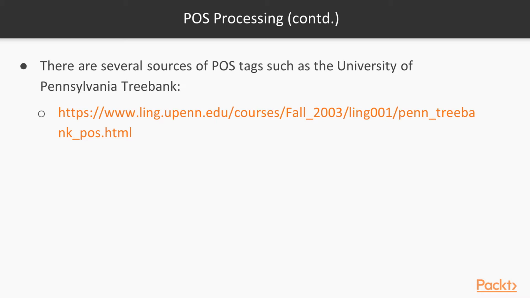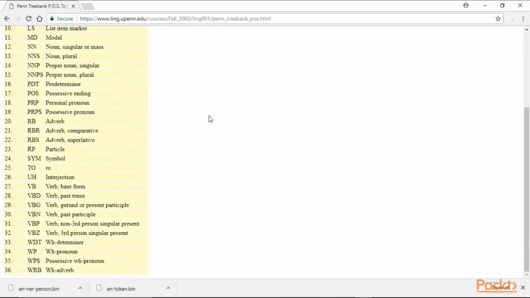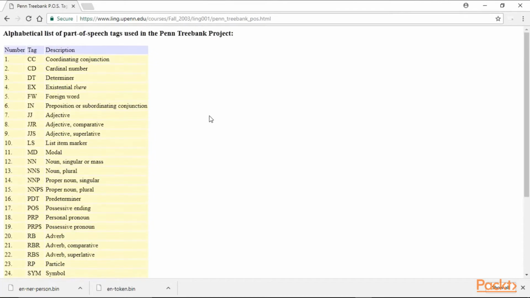We'll go back and see exactly what the DT, NN, VBZ, VBG, and JJ tags are. Once you have the link up, notice that here is the alphabetical listing of the parts of speech tags. Notice it consists of 3 columns, a number, a tag, and description. It turns out, as we scroll down, there are about 36 tags found in this particular library. Now, we'll see a tag such as DT. The first one we looked at is the determiner.